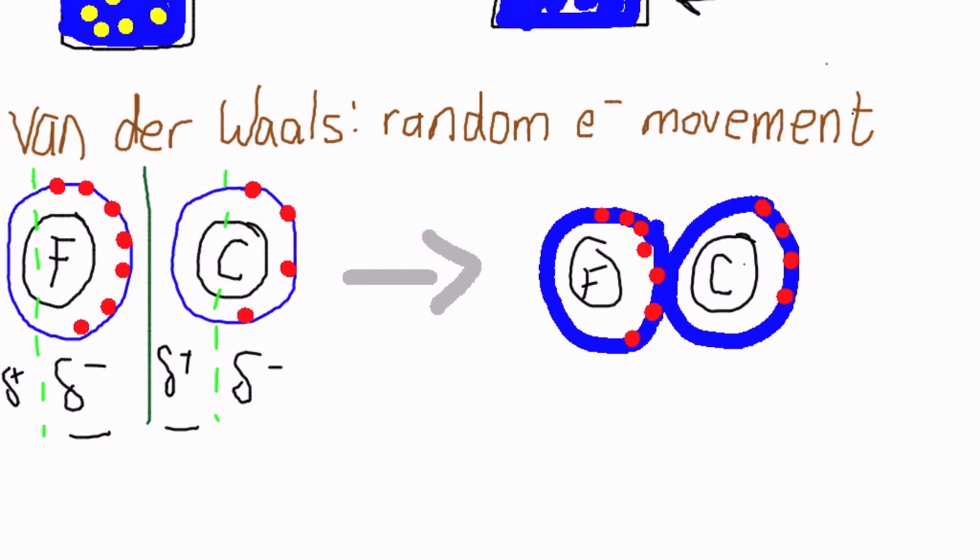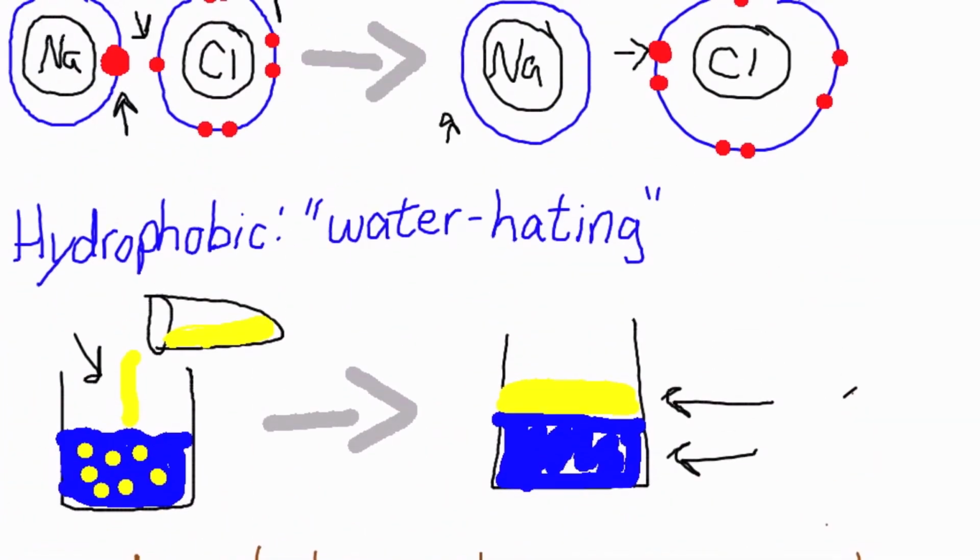Now, van der Waals bonds are extremely weak bonds, and they happen instantaneously and break just as fast as they occur. These are weak bonds. Hydrophobic interactions are also fairly weak bonds.